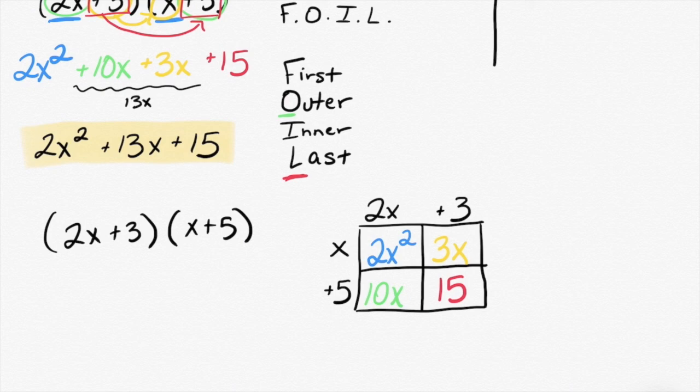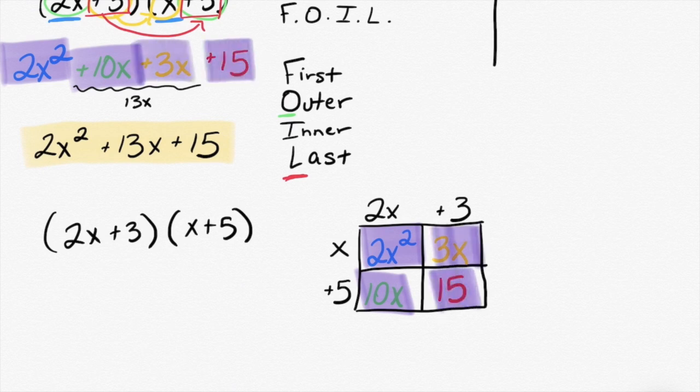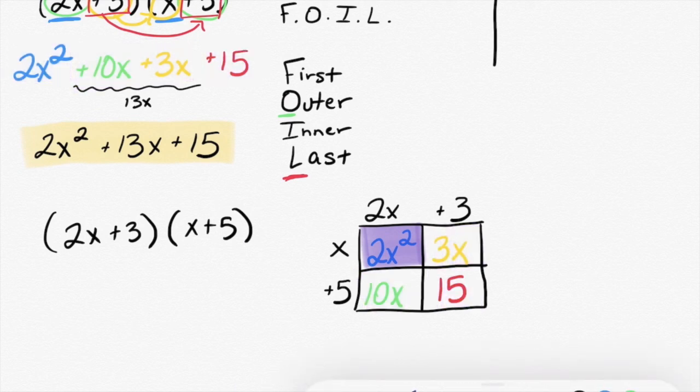I got the 2x squared, 10x, 3x, and 15. I got the exact same thing. The box just kept it a little more organized.